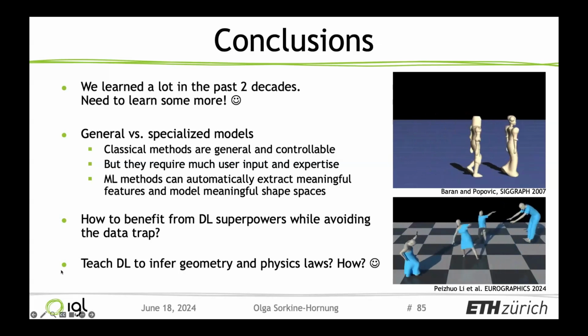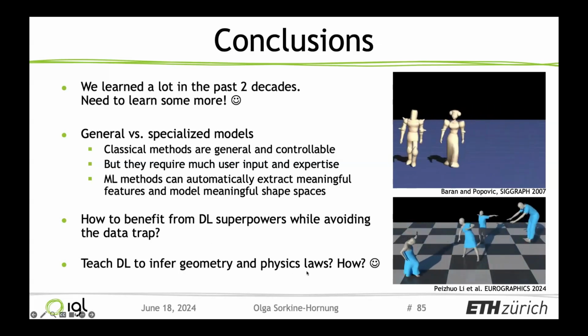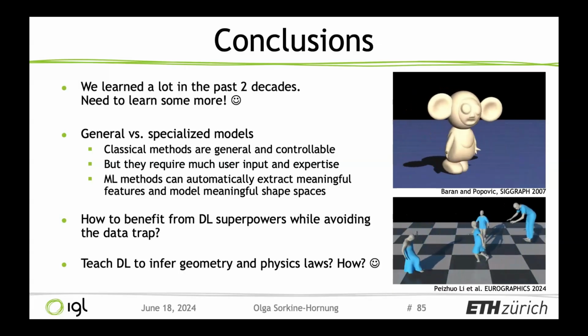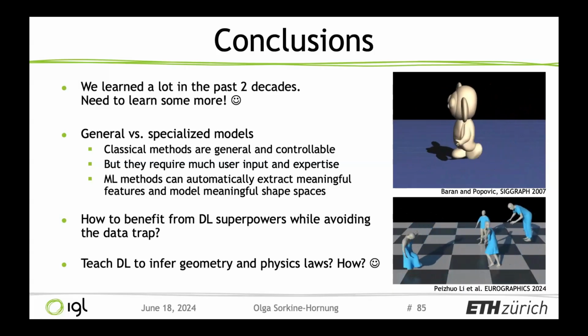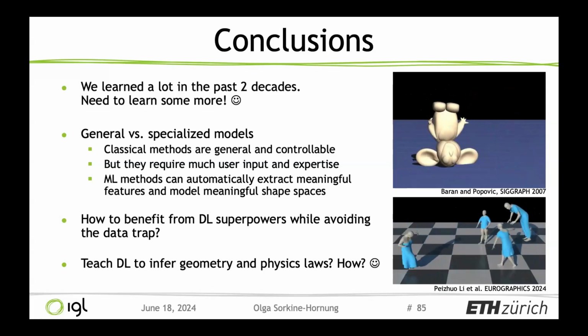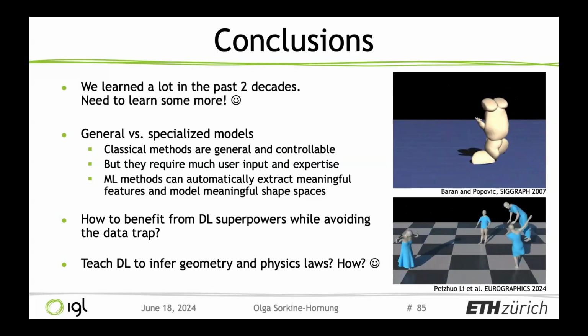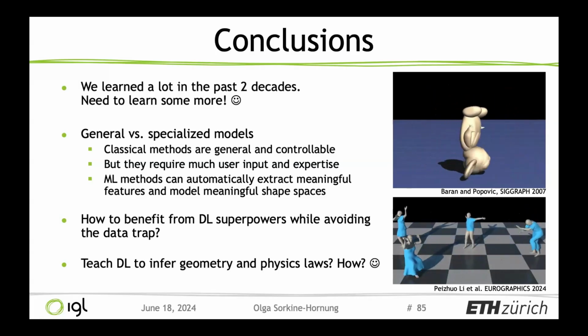And maybe one way is to indeed combine classic methods and learning methods via geometry laws and physics laws, because those are universally true in our world, and they would enable generalization. I think if we somehow are able to teach the AI systems how to understand those laws, but how to do it, it's an open question still, I think, largely.